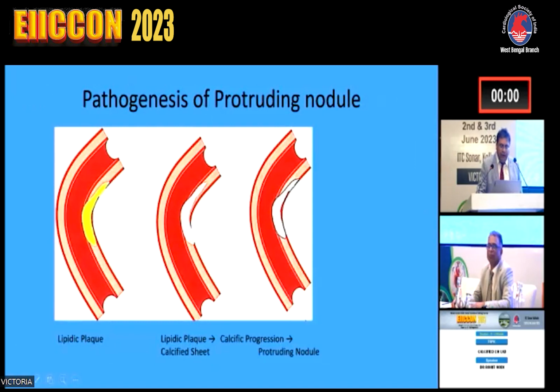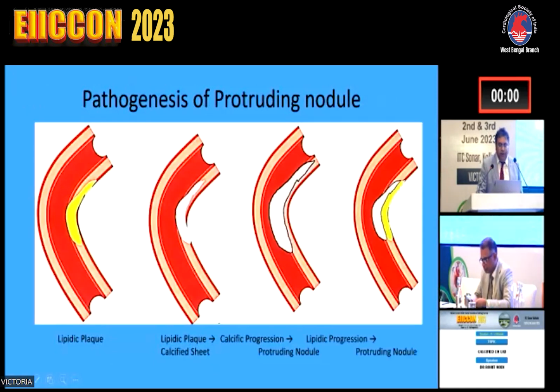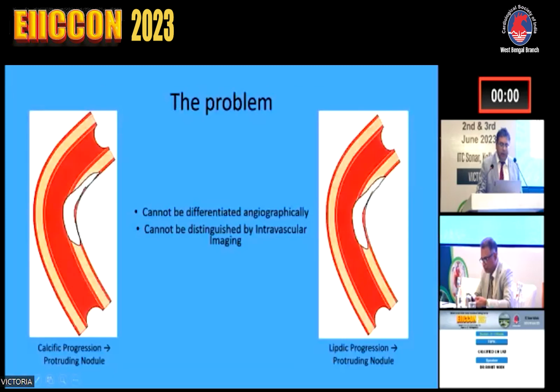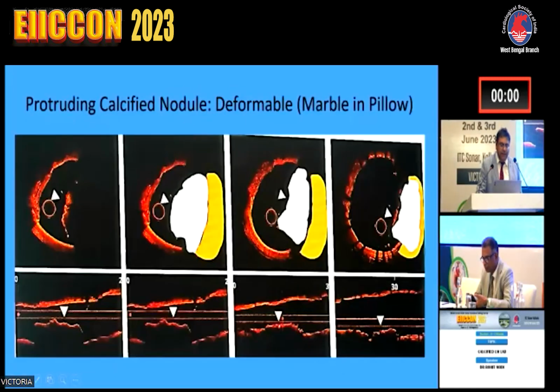Again, the calcific progression occurs and forms on a lipidic plaque with a sheet producing a protruding nodule, and then this protruding nodule is a clinical entity. So this is a protruding calcified nodule. The problem is it cannot be differentiated angiographically, cannot be distinguished by intravascular imaging. This is the protruding calcified nodule, which is deformable.